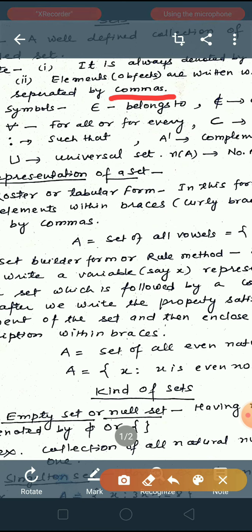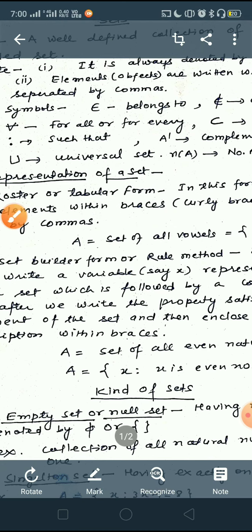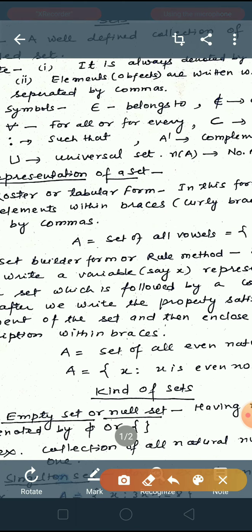Children, here there are a few symbols that will be used in the chapter on sets. You must know these symbols. First, you are just looking at an inverted A. Actually, this symbol is used for all or for every.